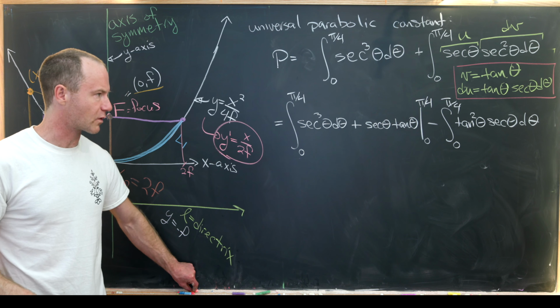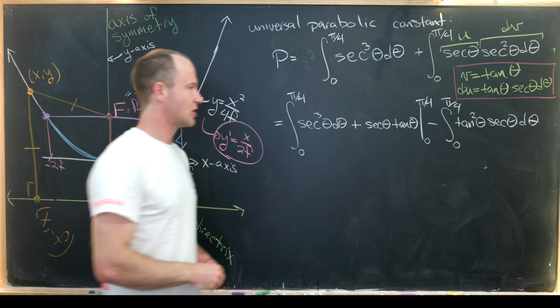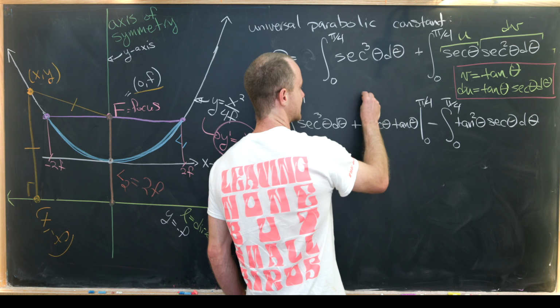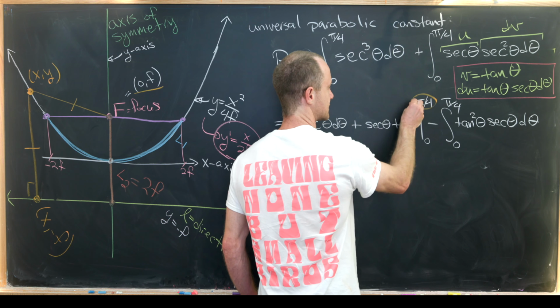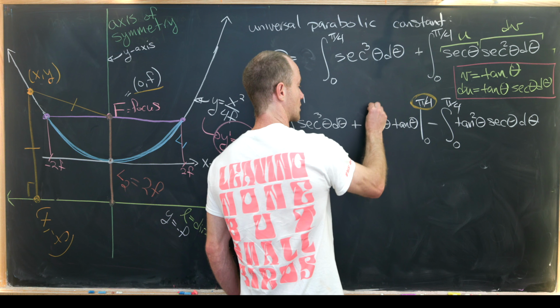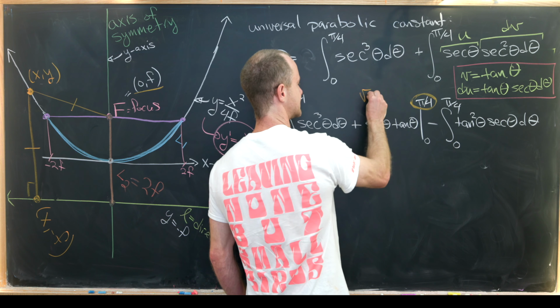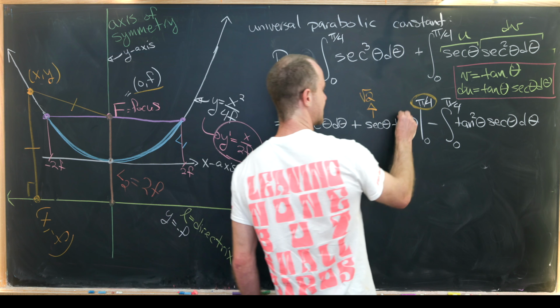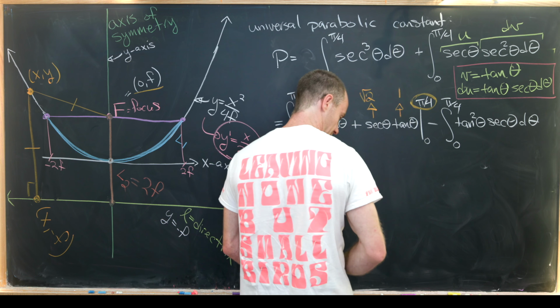Now let's see where we're at. So if we take secant of pi over 4, that's going to give us the square root of 2. So let's maybe circle that in orange. So secant of pi over 4, like I said, is square root of 2. It's because it's 1 over cosine. Tangent of pi over 4 is 1.